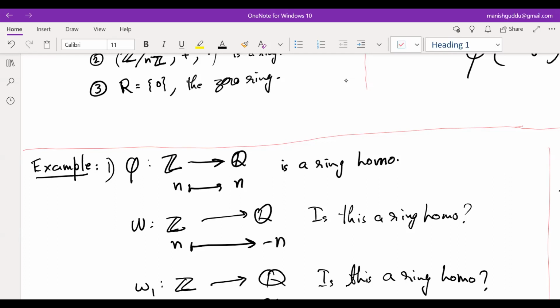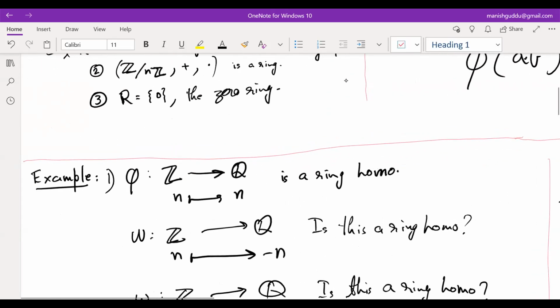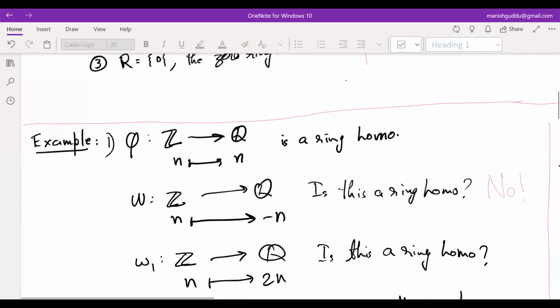Will this be a ring homomorphism? No. Phi of a times b won't be phi of a times phi of b, if both a and b are negative. So it is a group homomorphism, but it is not a ring homomorphism. So I'll just put no.